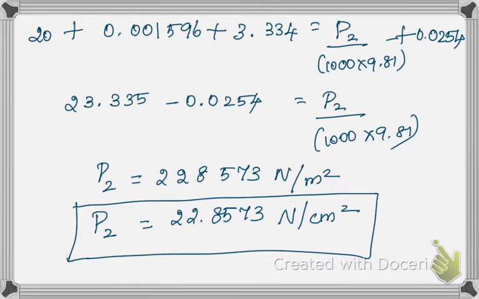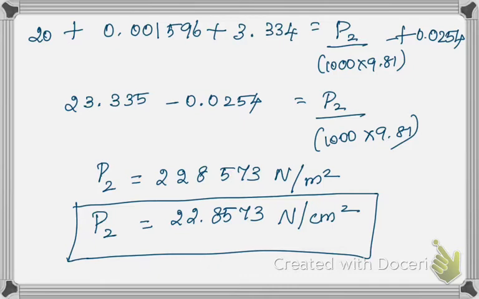There are some assumptions in Bernoulli's equation. We are assuming that the fluid is non-viscous and therefore frictionless, but we know that all fluids have some viscosity. In deriving Bernoulli's equation we assume it to be non-viscous, but the reality is that all fluids are viscous and offer some resistance to flow.